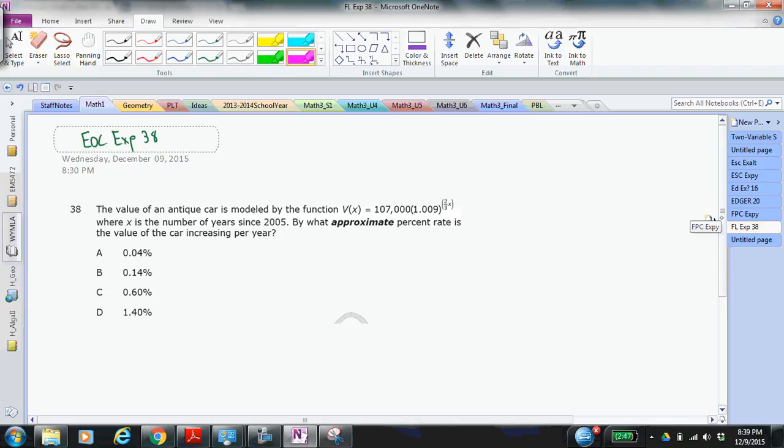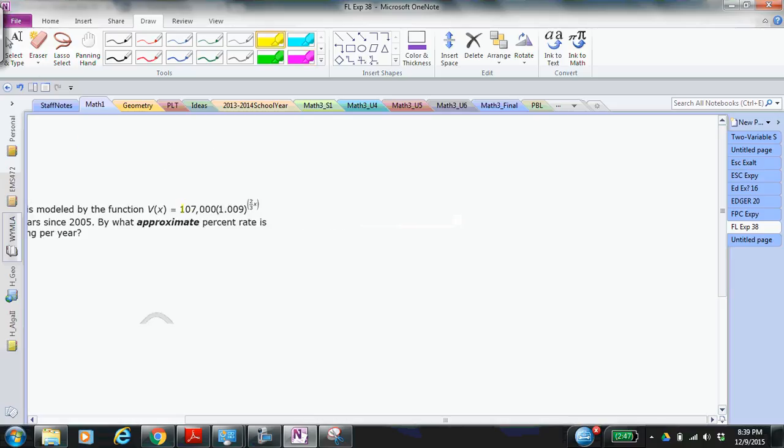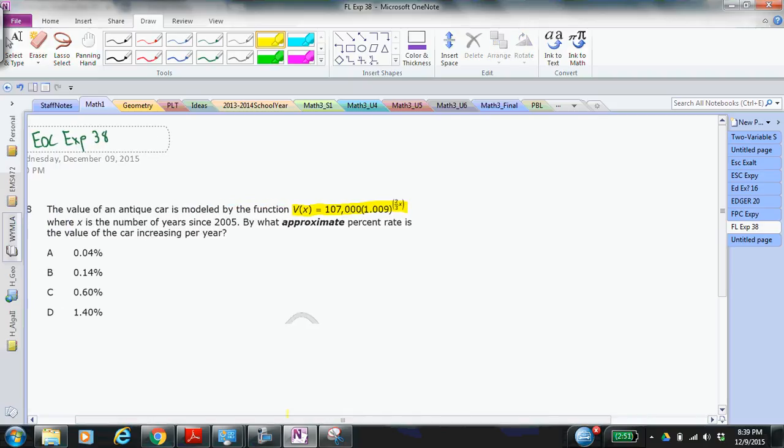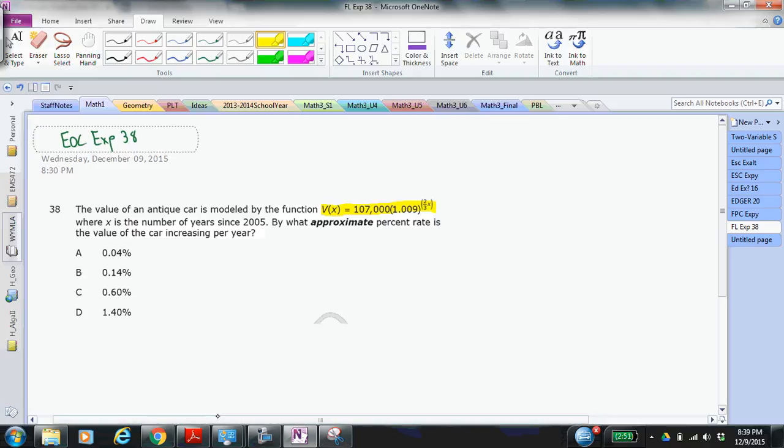Alright, this one is pretty challenging. As I said, with these EOC problems, there's always a trick. The value of an antique car is modeled by the function b of x equals 107,000 times 1.009 to the 2/3 x, where x is the number of years since 2005. By what approximate percent rate is the value of the car increasing per year?